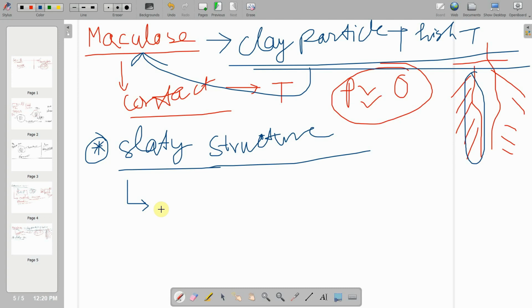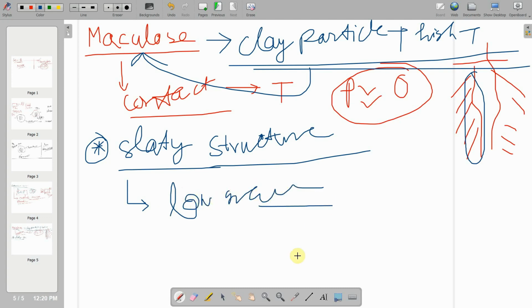In our childhood we used to write on a slate with chalk. That slate is made of slate rock, which is a metamorphic rock. So slatty structures are generally low grade metamorphic structures.